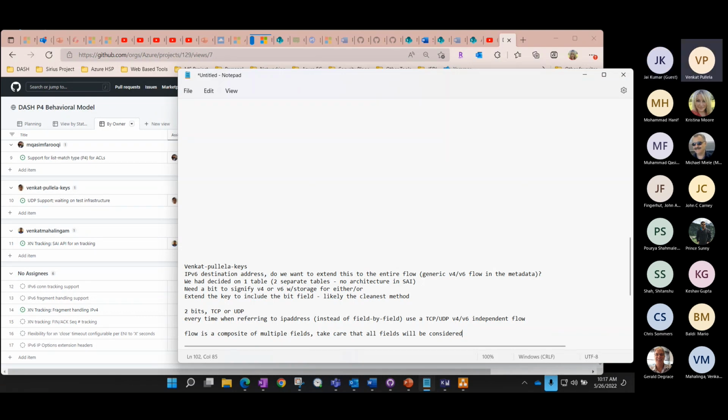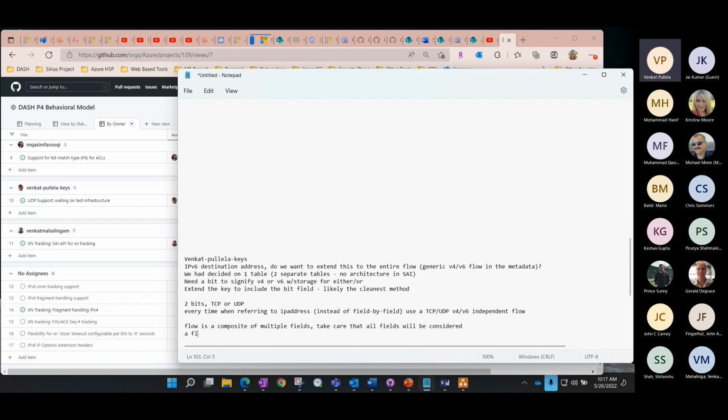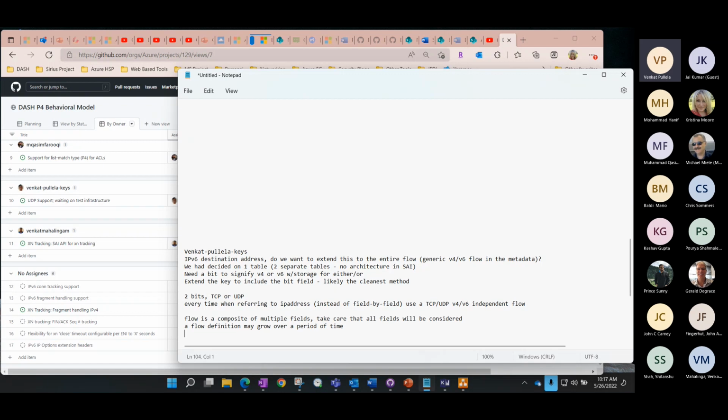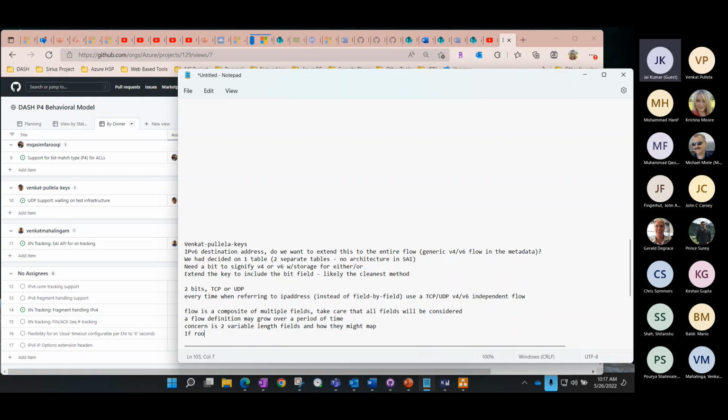I know the flow definition might grow over a period, but at any given time it is fixed, and you would have a v4 version and a v6 version of it. Are you concerned about having two variable length fields and how they would map? Basically, my concern is that if flow is your root node, through which you are dereferencing other fields, and your root node grows in the future, then I don't know how well backward compatibility will work.